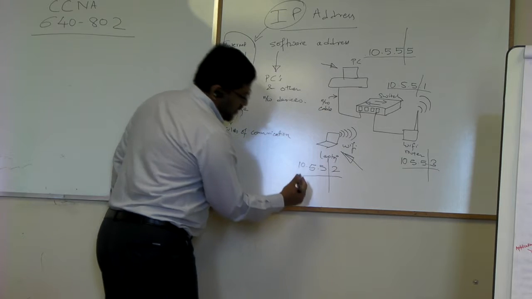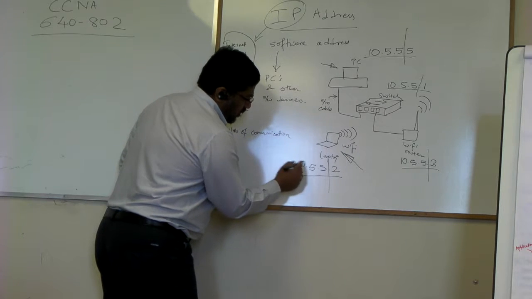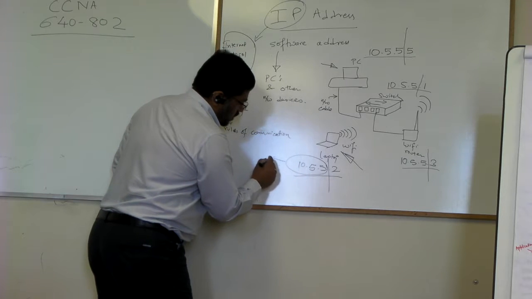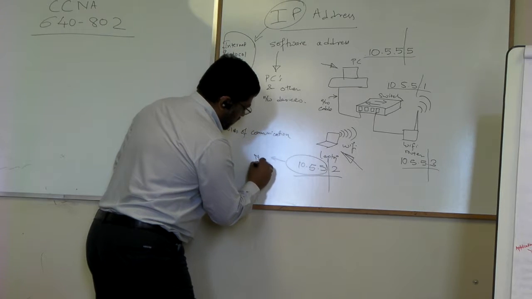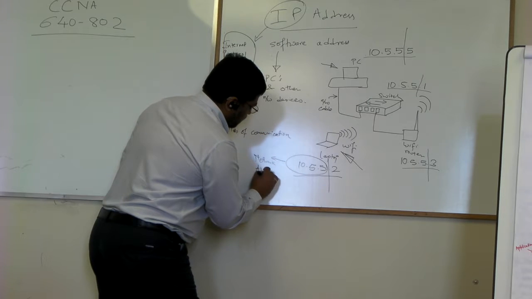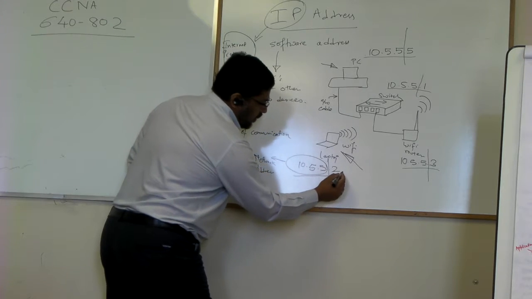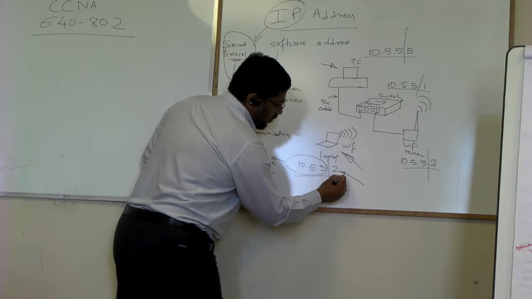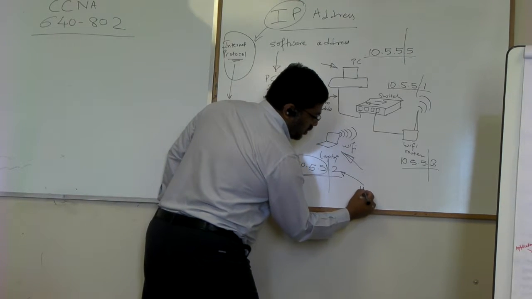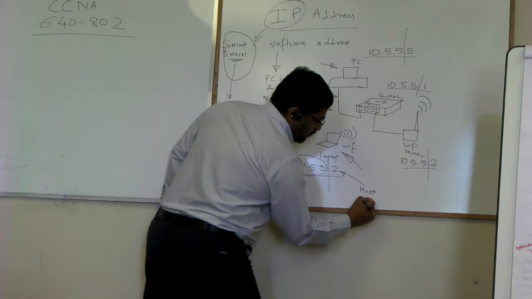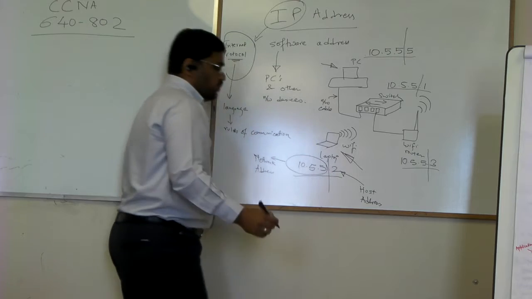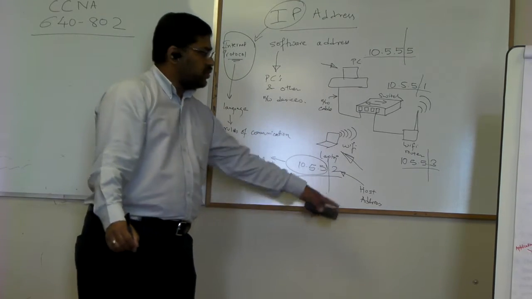That's why we say this is the network part, the network address. And this part, which is different for every computer, is called the host address. Network address, host address.